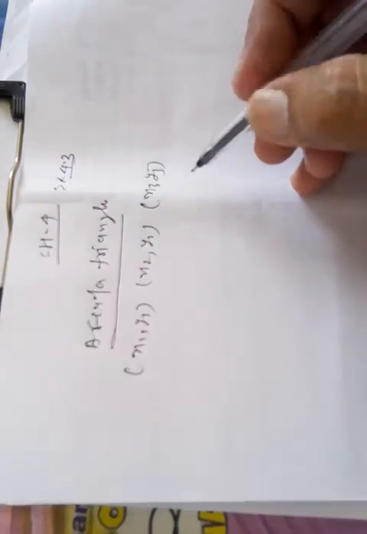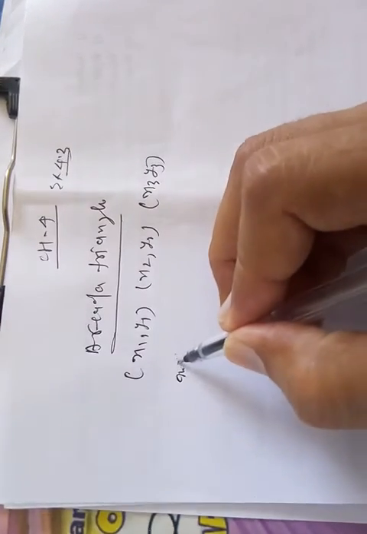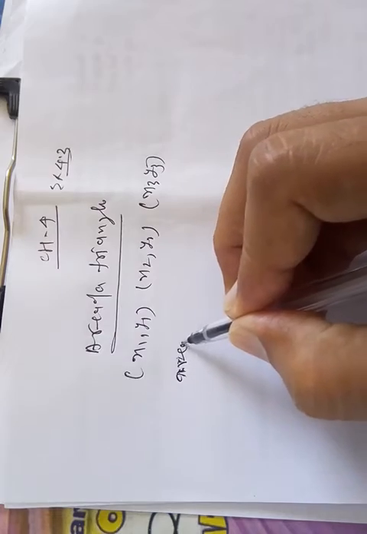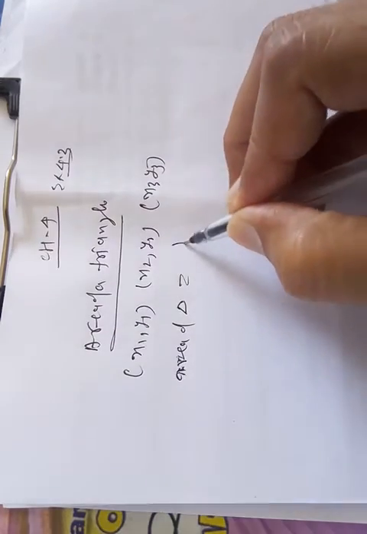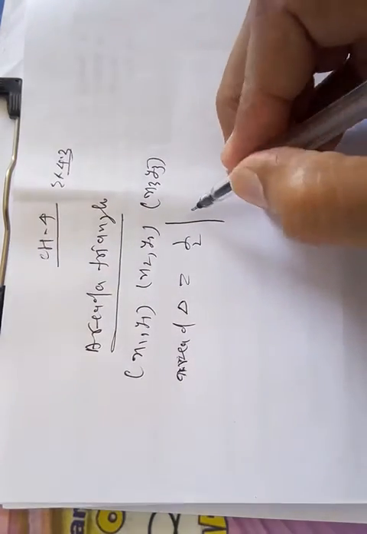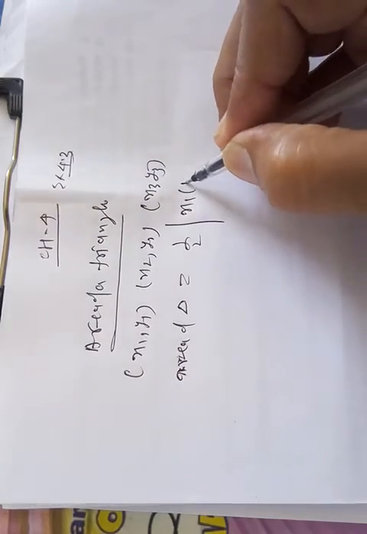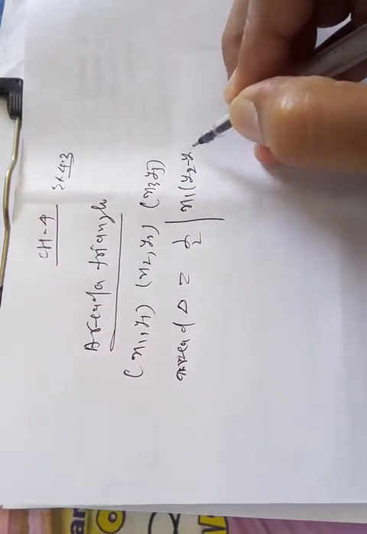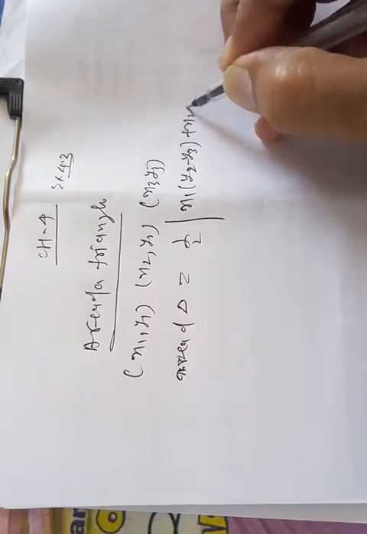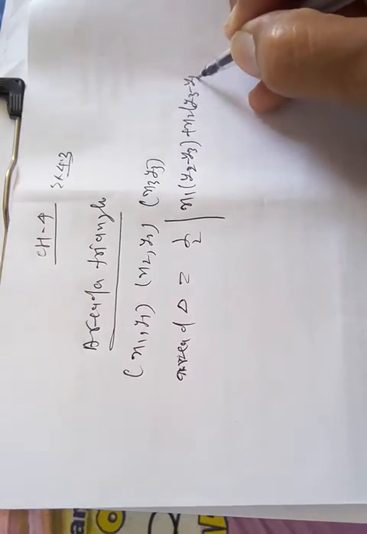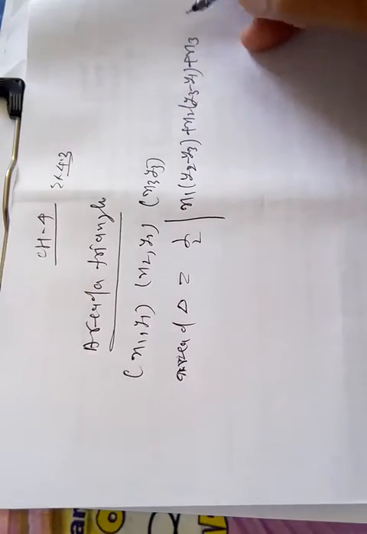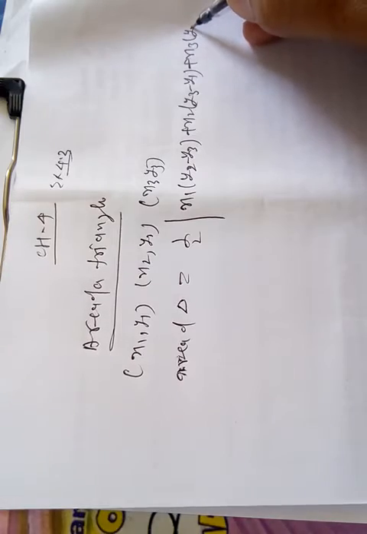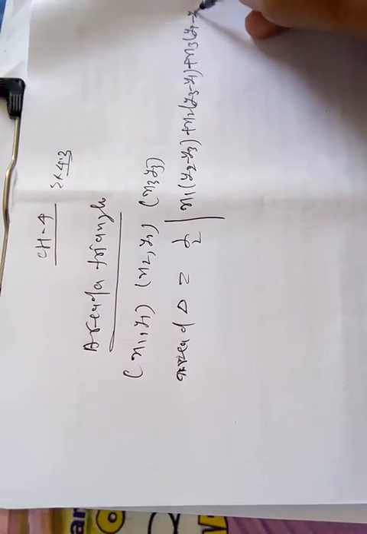In 10th class we already studied that the area of the triangle equals 1 upon 2 [x1(y2 minus y3) plus x2(y3 minus y1) plus x3(y1 minus y2)].